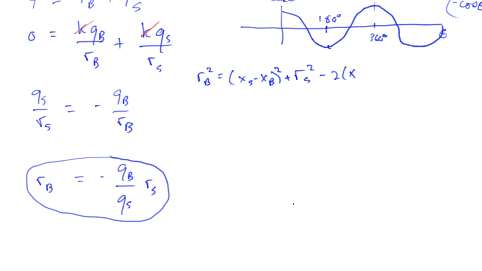This is RB squared. I'll go ahead and do that substitution. I'll still be doing pure substitution, just doing both of them at the same time. This is minus QB over QS times RS all squared.